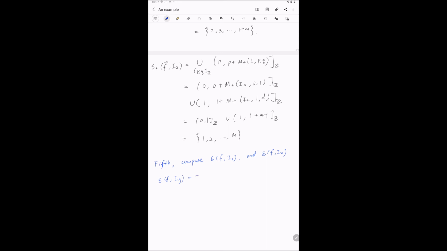Defined to be the number of pairs (i plus, i minus) in the product of S plus and S minus, where i plus is strictly less than i minus. This is the definition.